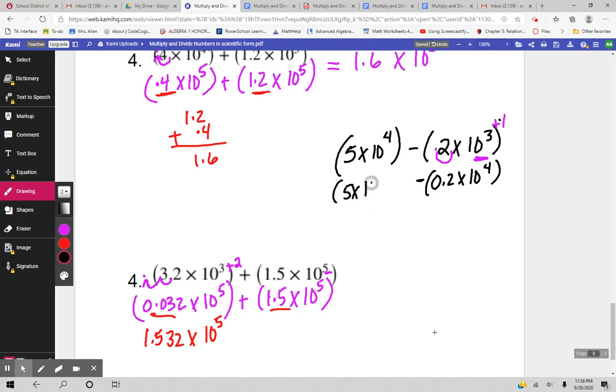And this one stays the same. All right, so you're going to take 5 and subtract 0.2 from it. You're going to get 4.8 times your common power, 10 to the 4th power. That's it.